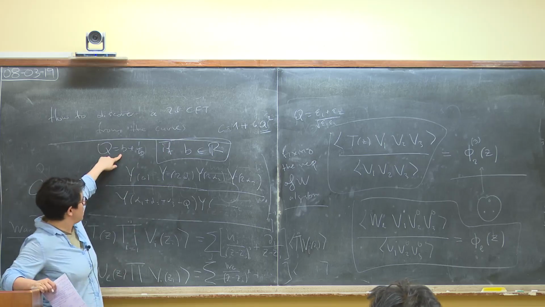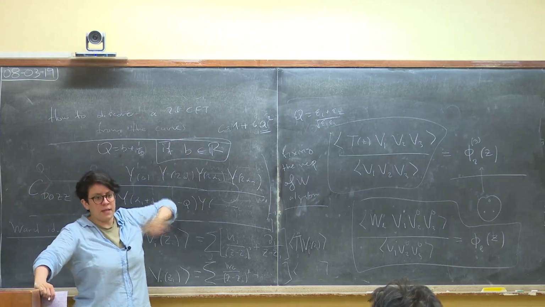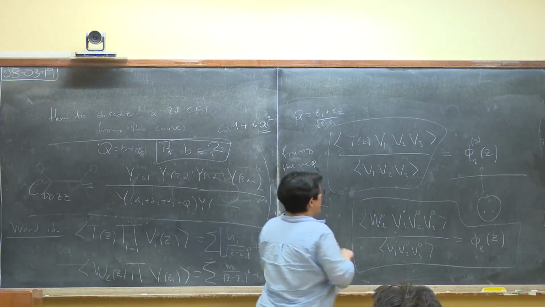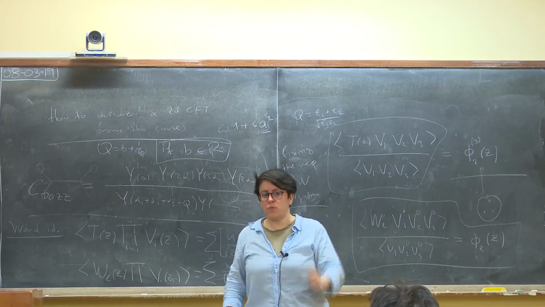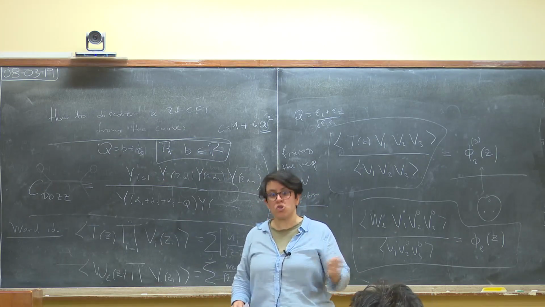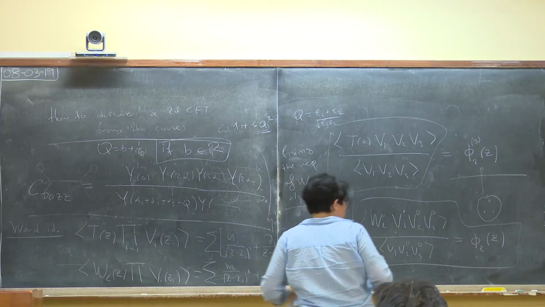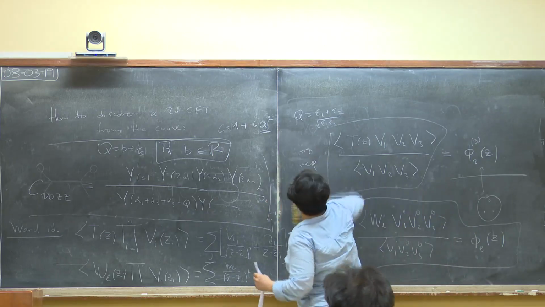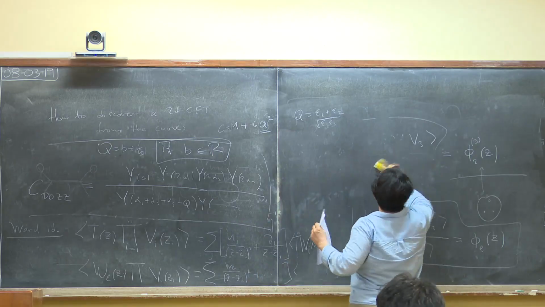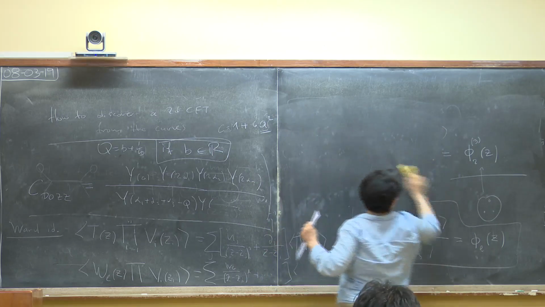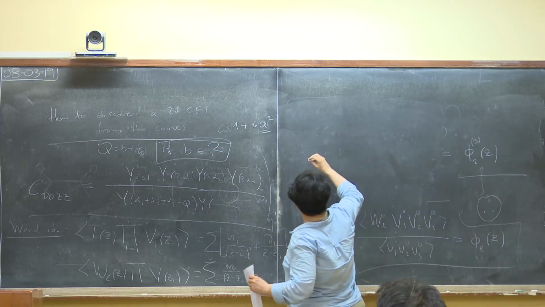One requirement is that B is real, and the second requirement is that for every operator of some conformal dimension, there is no second one. Actually, that's the one that does the job. So Liouville is the theory.